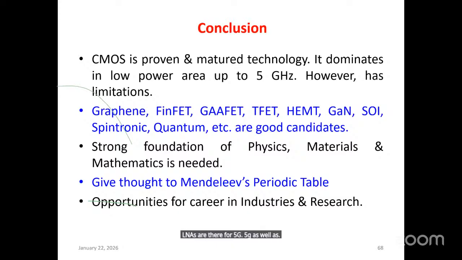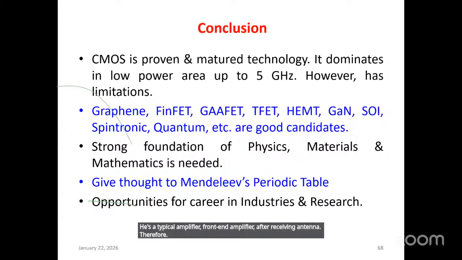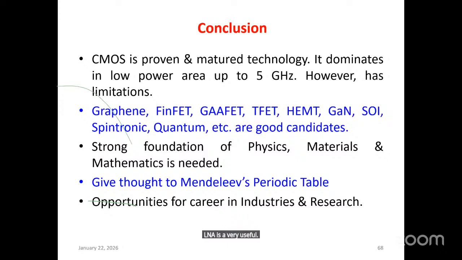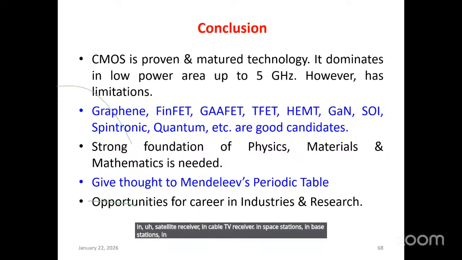See, LNA is the low noise amplifier block, a typical front-end amplifier after the receiving antenna. Therefore, LNA is a very useful circuit in cell phones, satellite receivers, cable TV receivers, space stations, base stations, space vehicles, everywhere.